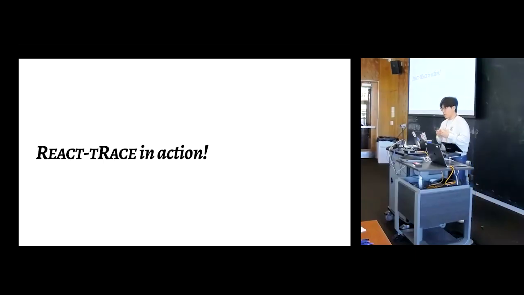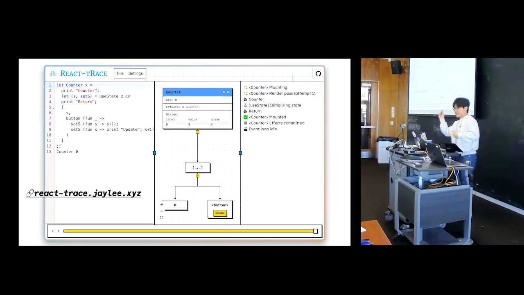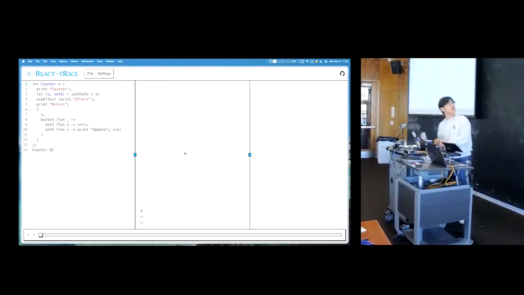And based on the semantics, we've built a visualizer on top of it to explain how components render step by step. So let's turn back to the previous example and see how it works in action using our interactive visualizer. So I have it prepared here.